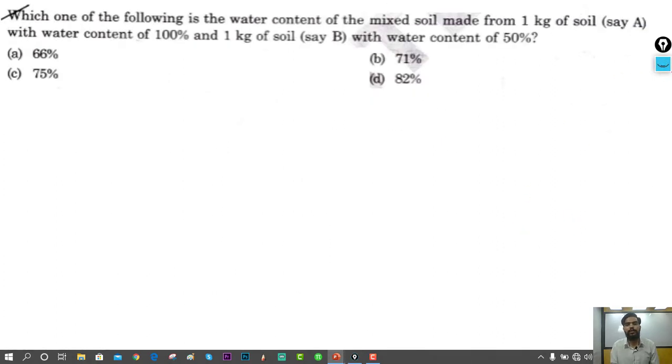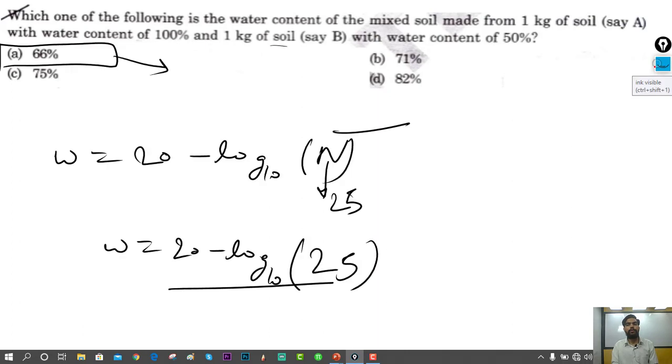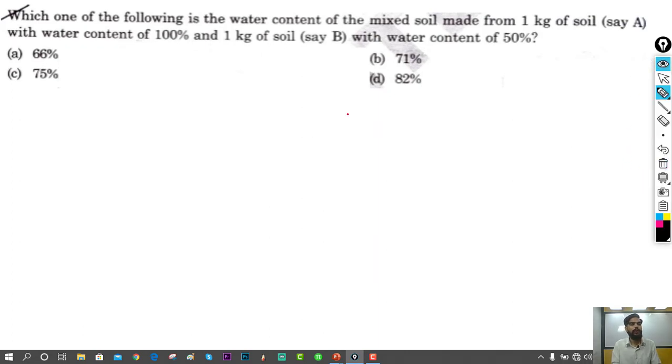In the next question, what we are given is: which one of the following is the water content of the mixed soil made from 1 kg of soil A with water content 100% and 1 kg of soil B with water content 50%. Guys, this question is also based on the composition formula.